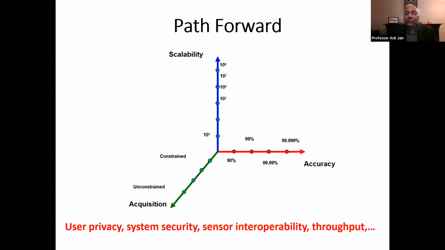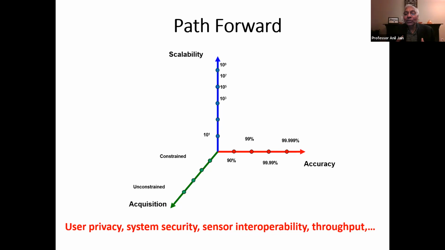Unconstrained is the fingerprints which you find at a crime scene. In addition, we also want to make sure that the fingerprints people provide at enrollment are secure and protected.